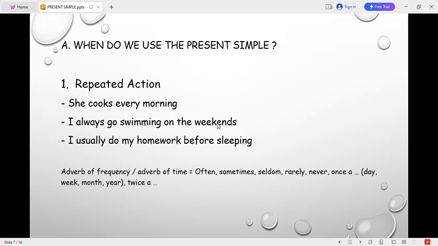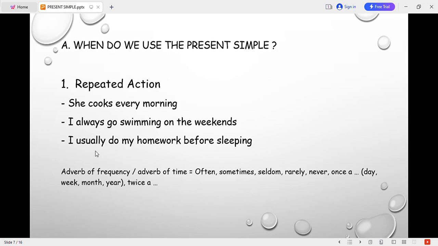Also, we can see an adverb of frequency here, just like every, but this one is always. We also call it adverb of frequency or adverb of time, which refers to the present simple. So on the weekend, the action always done by the subject I is swimming.